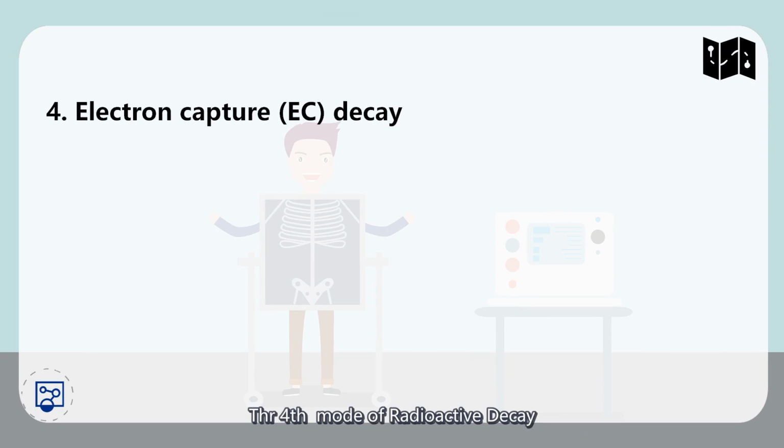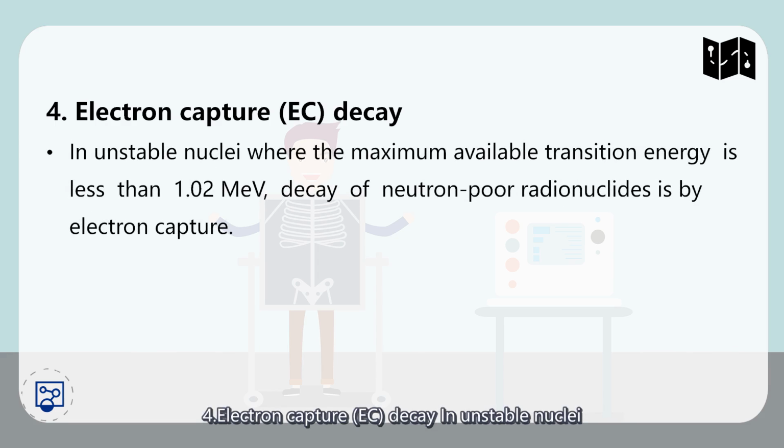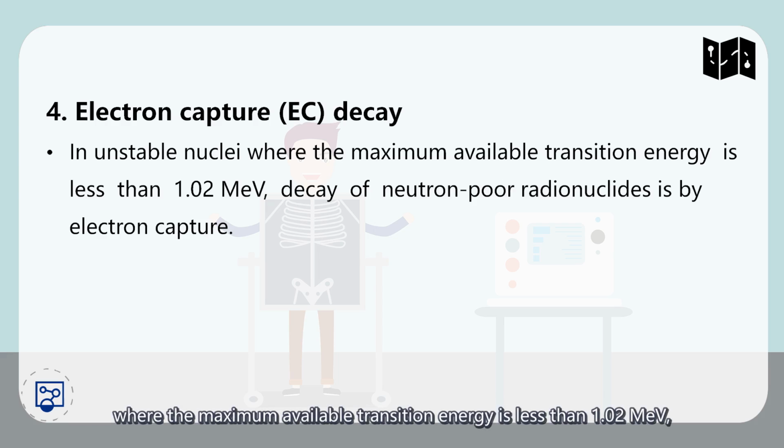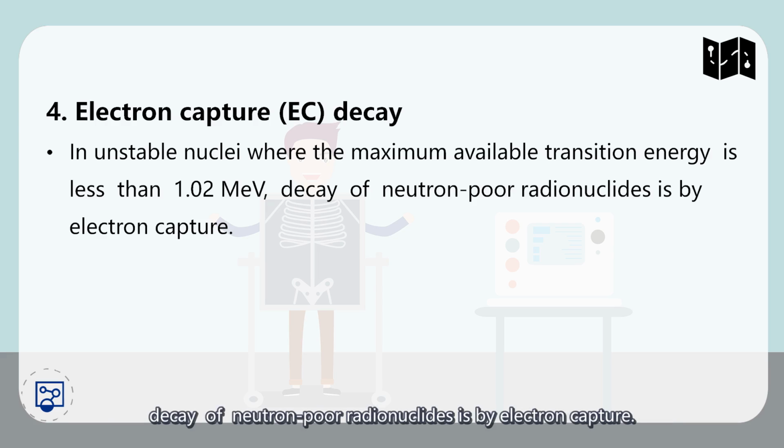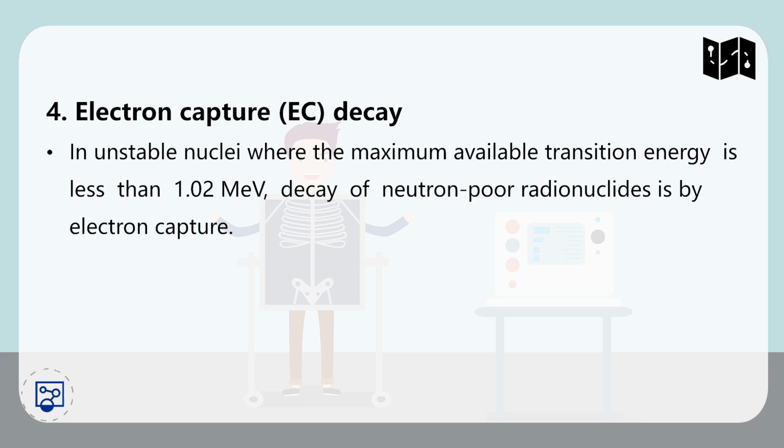The fourth mode of radioactive decay is electron capture decay. In unstable nuclei where the maximum available transition energy is less than 1.02 million electron volts, decay of neutron-poor radionuclides is by electron capture.